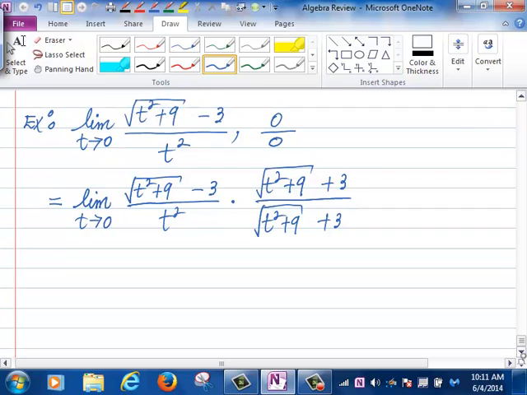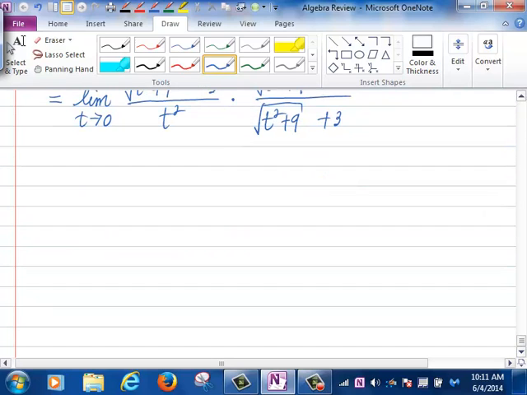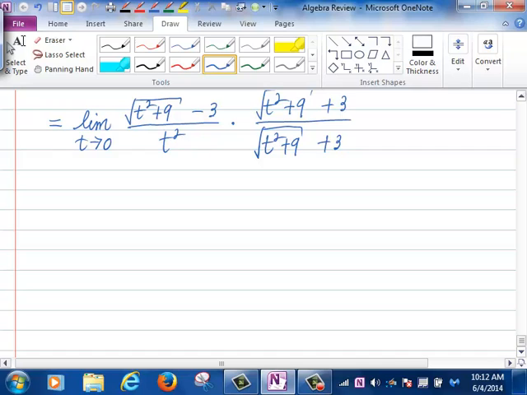So here I'm going to keep the denominator as this, the limit as t goes to 0, and in the denominator I'm going to write t squared multiplied with the square root of t squared plus 9 plus 3.